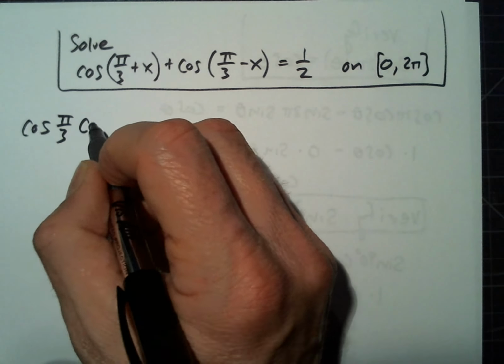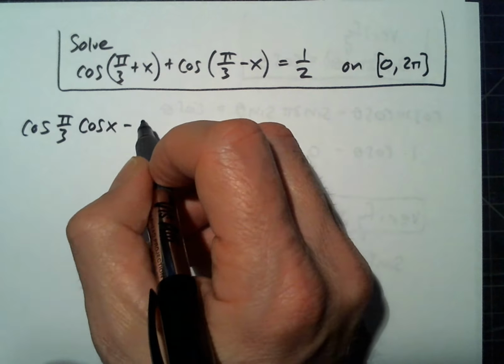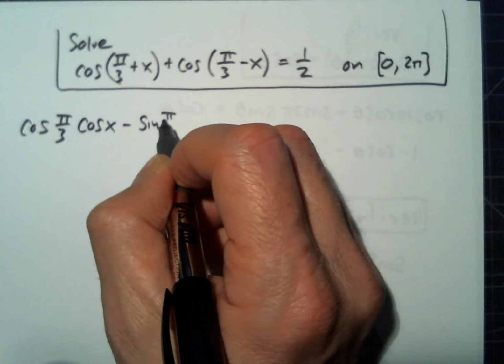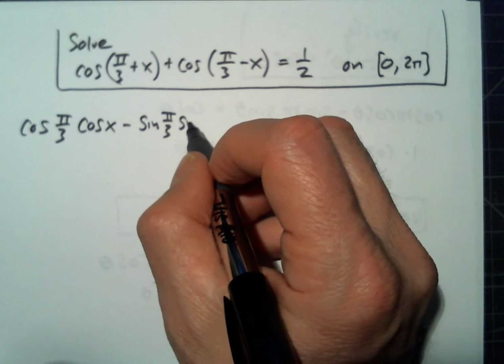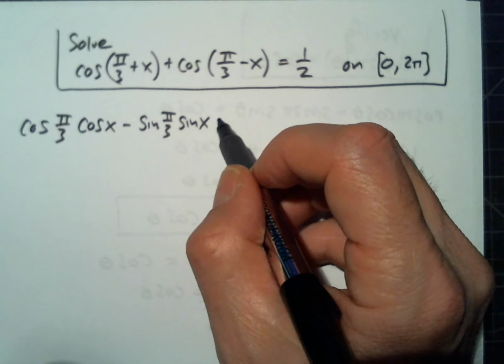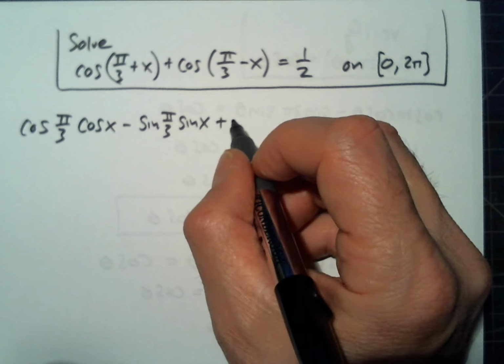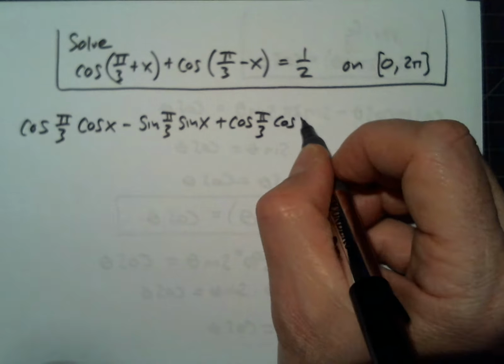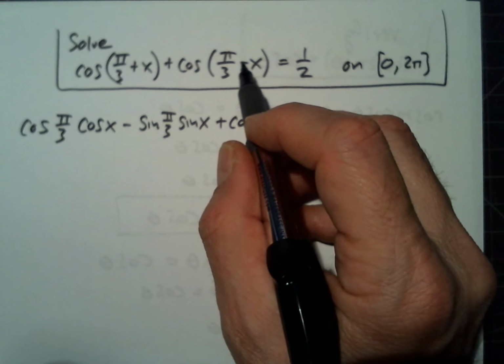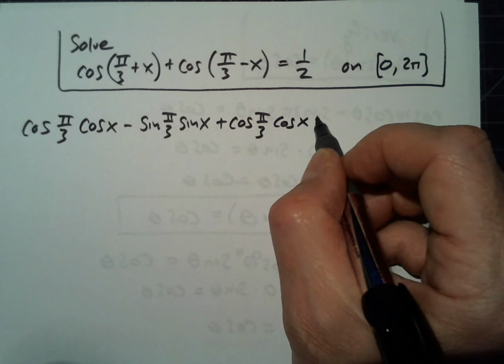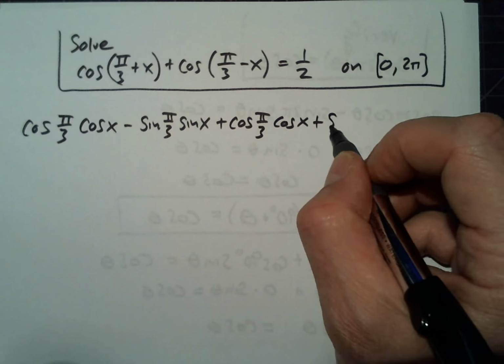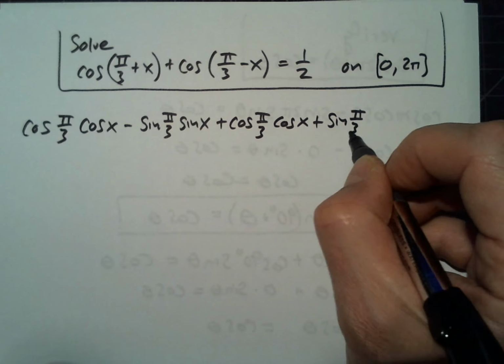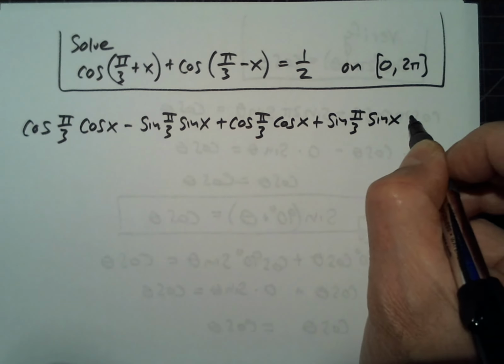Cosine, cosine, minus sine, sine. And then we're going to do it again. Cosine, cosine. Do the opposite inverse operations, so then we'll do sine, sine.